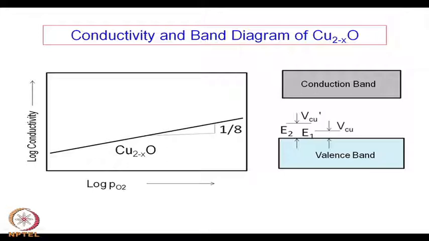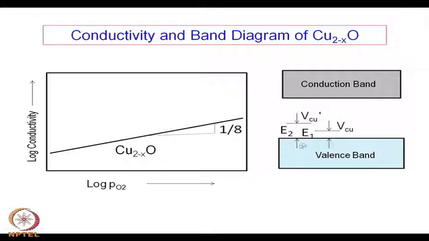The band diagram will look like this, as we discussed in the case of MgO, or the generalized band diagram. Here the metal vacancies have acceptor-like characteristics, with the neutral vacancy and the singly charged vacancy. So, this energy will be low, this energy will be high. A singly charged vacancy gives rise to conductivity like this, and it acts as a p-type, therefore an acceptor.